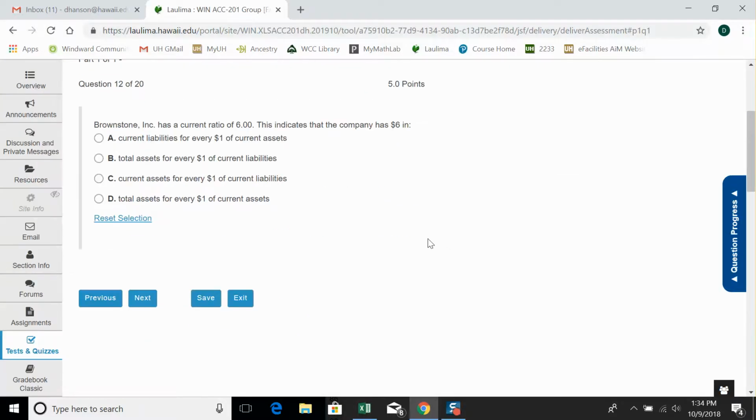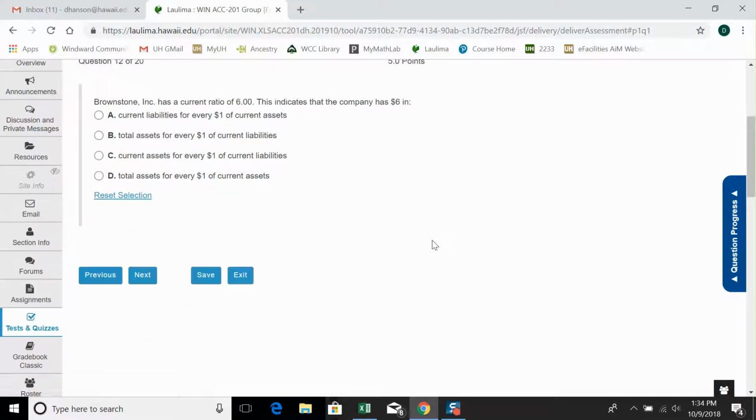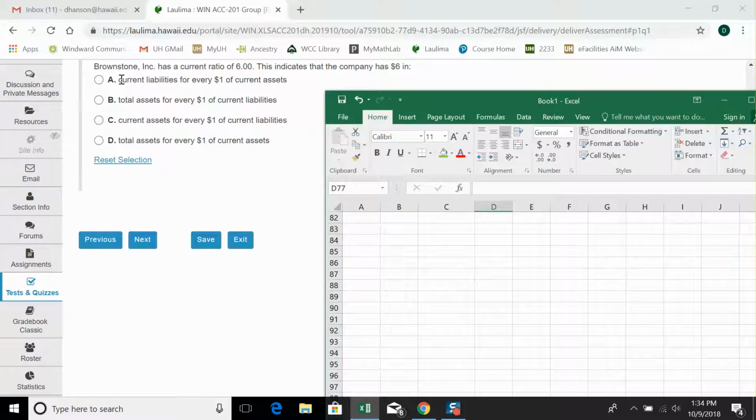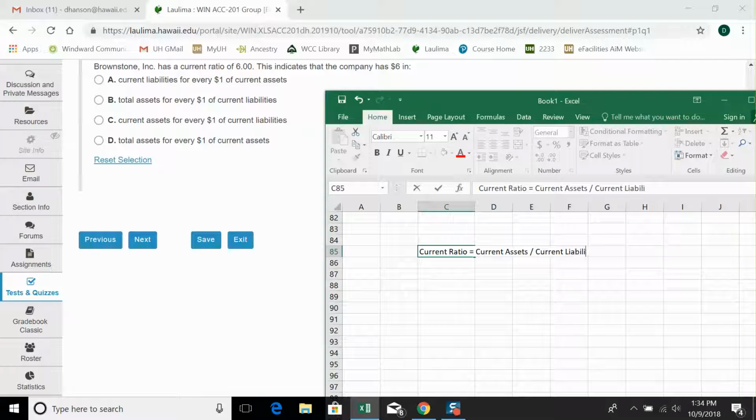Okay. Question 12 of 20. Brownstone Inc. has a current ratio of 6. This indicates that the company has $6 in. Okay, so in order to understand current ratio, you need to know the formula. Current ratio equals current assets divided by current liabilities.